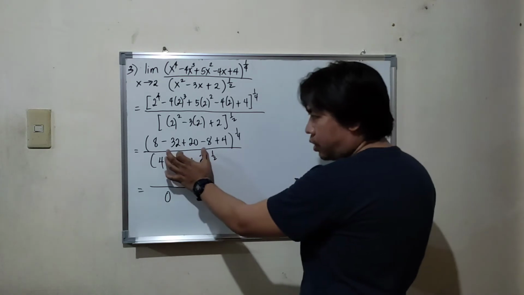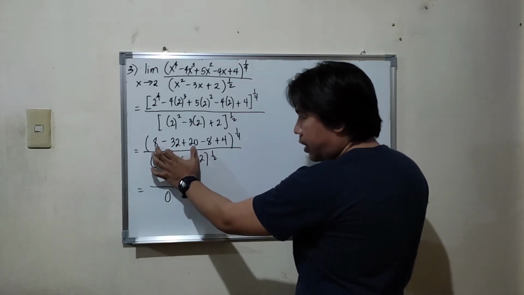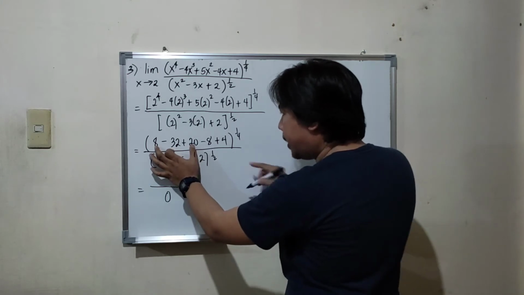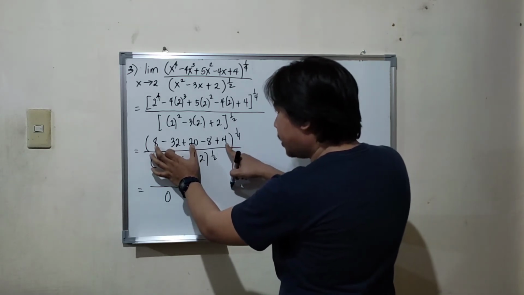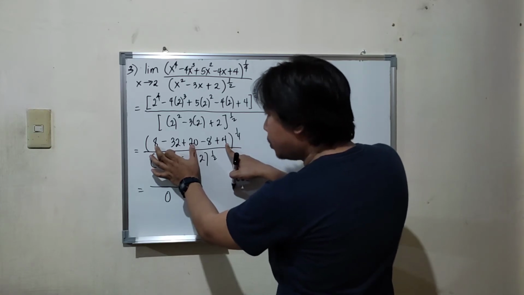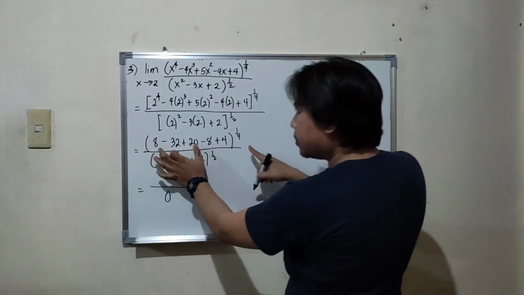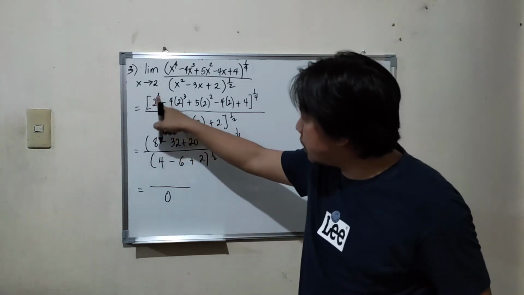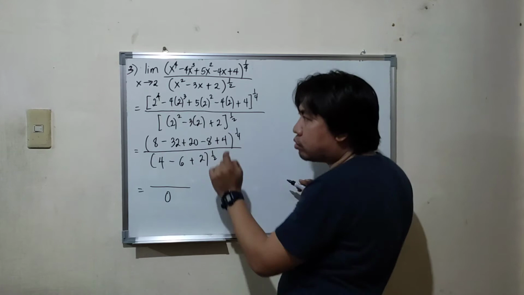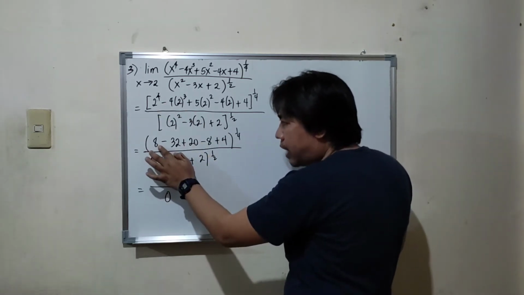So for the numerator, combine the positive, we have 8 and 20 and 4. So that is equal to 2 to the fourth, so that is 16. So 2 to the fourth, so nagawa natin kanina is 2 times 4, so common mistake.